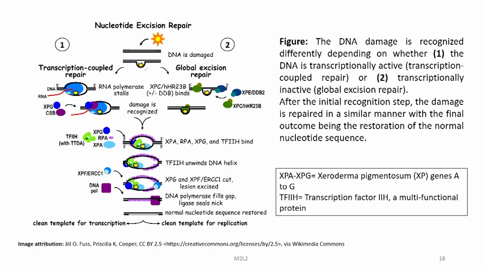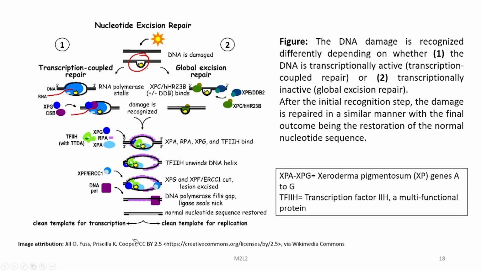After the initial recognition step, the damage is repaired in a similar manner as already told to you, with the final outcome being the restoration of the normal nucleotide sequence. So, here you can see the damage in one of the strands, and finally, this damage is taken care of and the normal nucleotide sequence is restored.